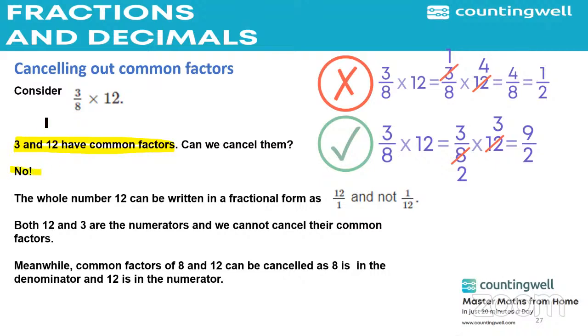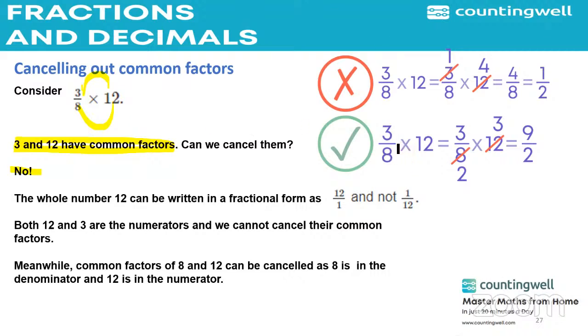No. You should find common factors of 8 and 12 instead of 3 and 12, because here 12 has to be divided by 8. So the whole number 12 can be written as 12 by 1 and not 1 by 12. Now both 12 and 13 are in the numerator, so we cannot cancel. So this is the way we are going to do it.